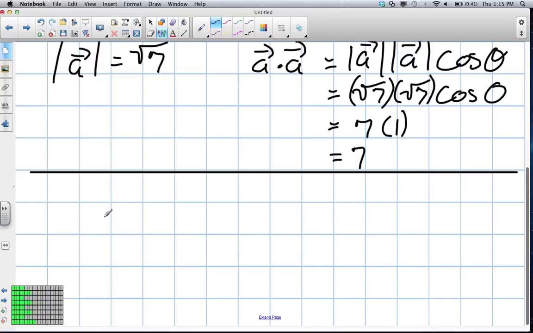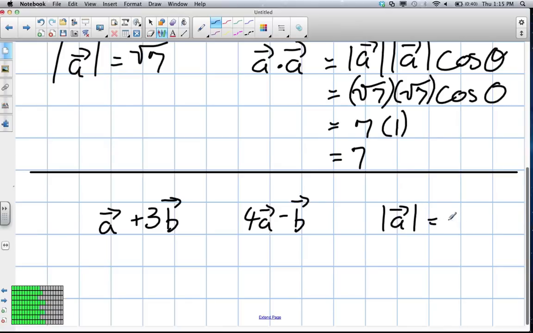Sorry, not vector A, but this vector, which is the resultant of vector A plus the scalar 3b, and the other vector, which is the resultant of scalar 4a minus vector b, and it says that these two vectors are perpendicular to each other. Okay? And it also says that the magnitude of A is equal to 2 times the magnitude of B. So they've given us all this.